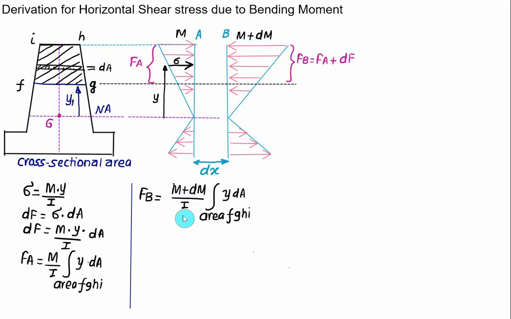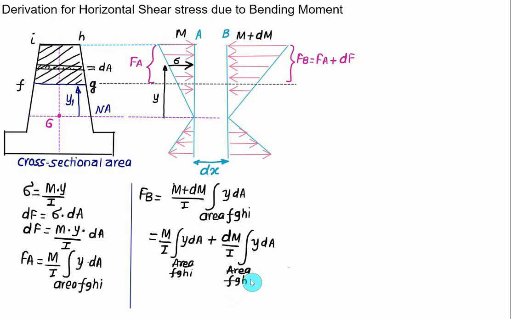So I will write this term two times here. First term I will write as M by I integral y dA, with the same area FGHI, plus dM divided by I integral y dA, with the same area FGHI again.